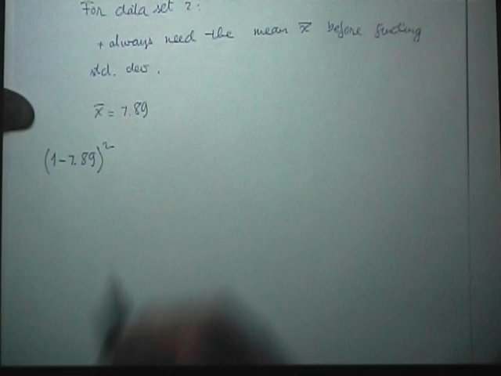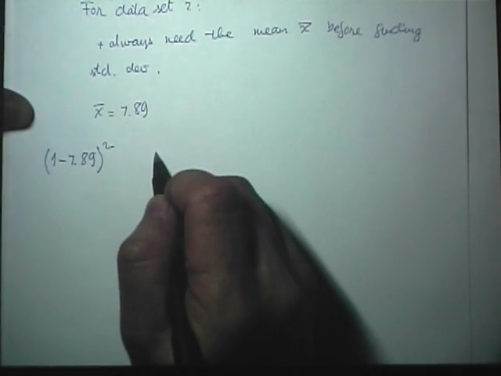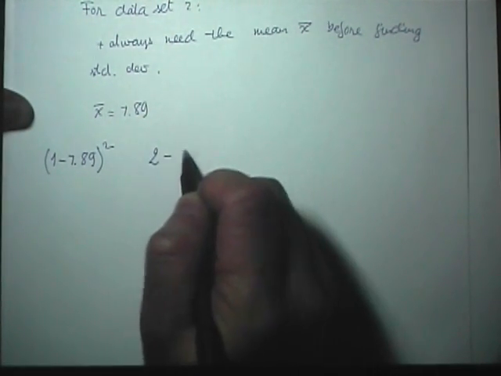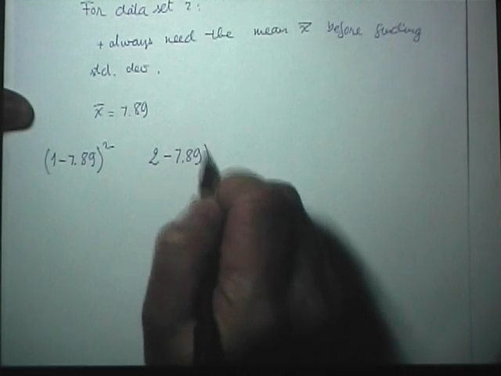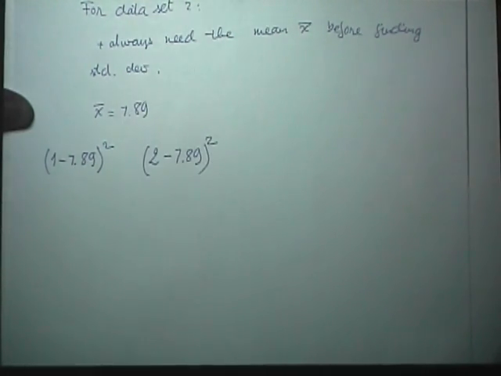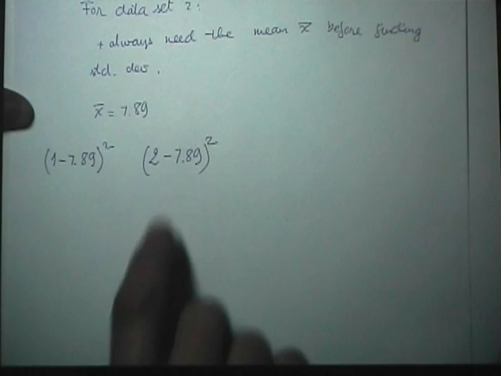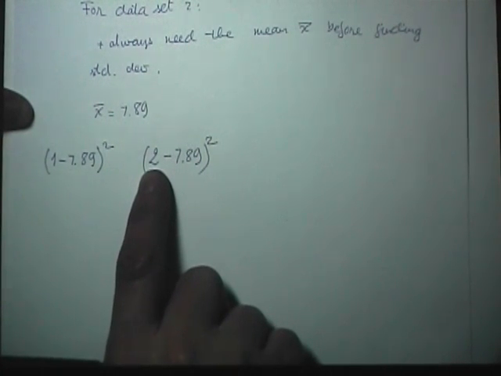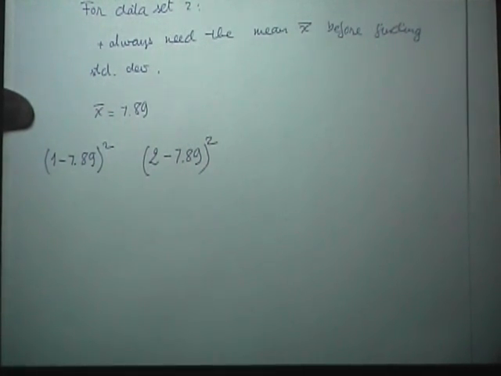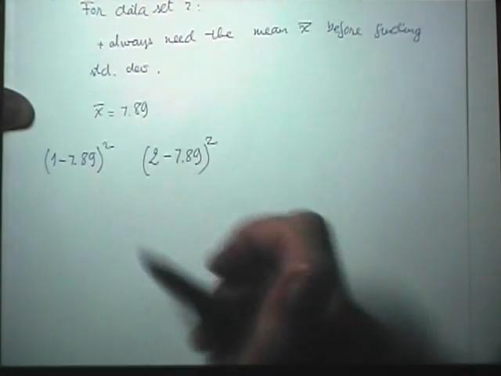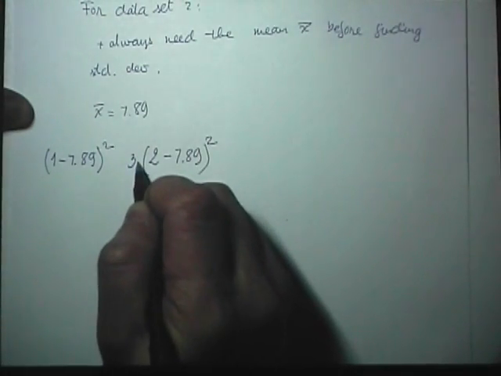Now the next one that I have here is a 2, so 2 subtract 7.89 and square. But how many 2's are there? There are 3 number 2's, so I multiply that square 3 times.